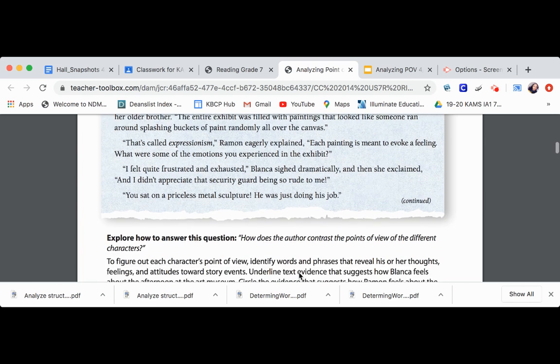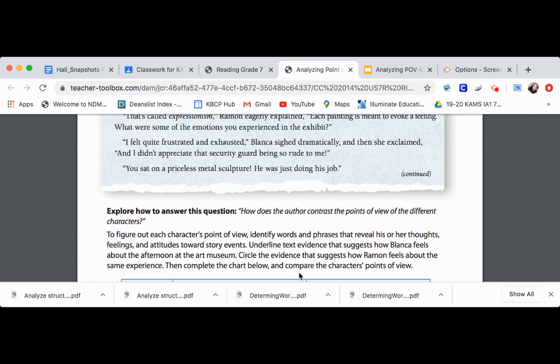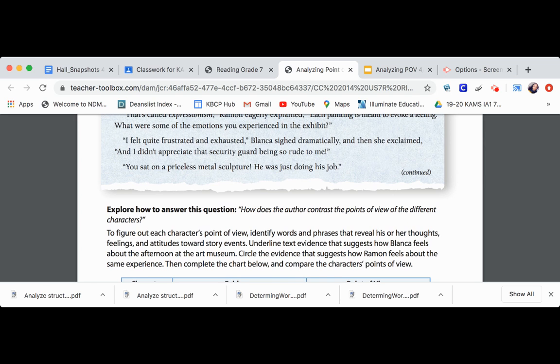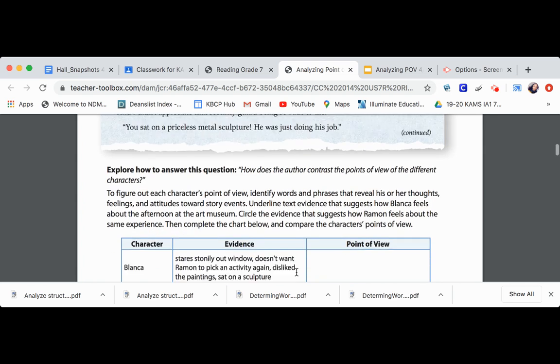Okay, so remember the question that I asked was, how does the author contrast the point of view of the different characters? To figure out the point of view, we need to use our chart. Let me go ahead and model this one for you.